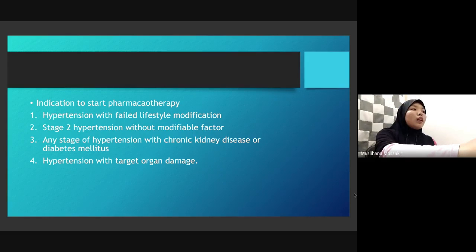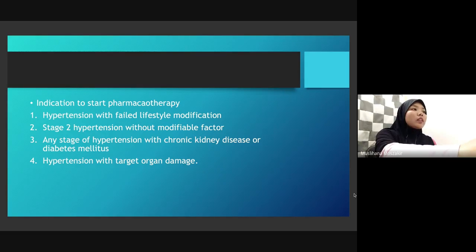And number 3 is any stage of hypertension with chronic kidney disease or diabetes mellitus, and hypertension with target organ damage. These are the indications to start pharmacological treatment.